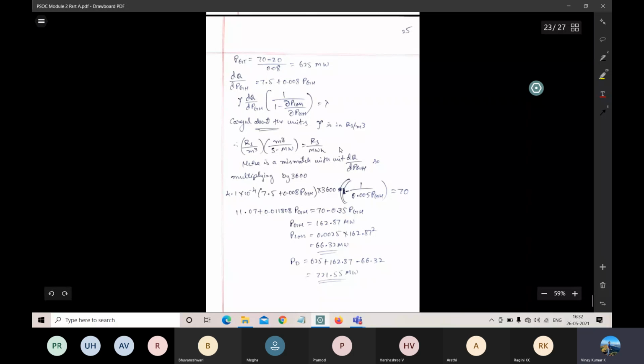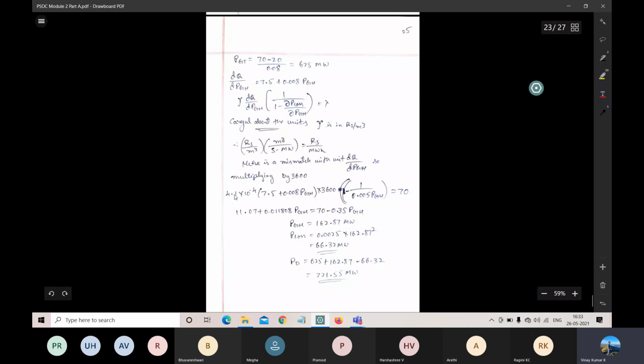Here we are missing a major term; there is a mismatch with dQ by dPGH. To match it we have to multiply by 3600. It is given in terms of seconds, so convert that into hours, and that's why we multiplied by 3600.